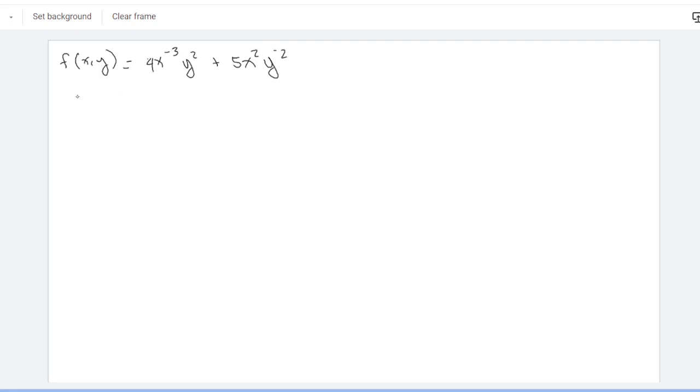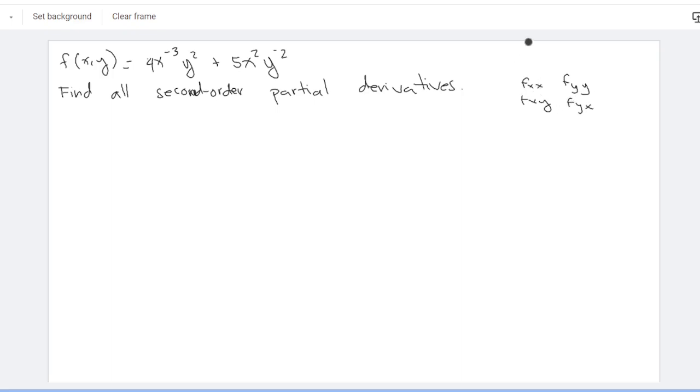The direction will be: find all second order partial derivatives. That means what we are looking for are fxx, fyy, fxy, and fyx. For us to do this, we first need to find fx and fy.